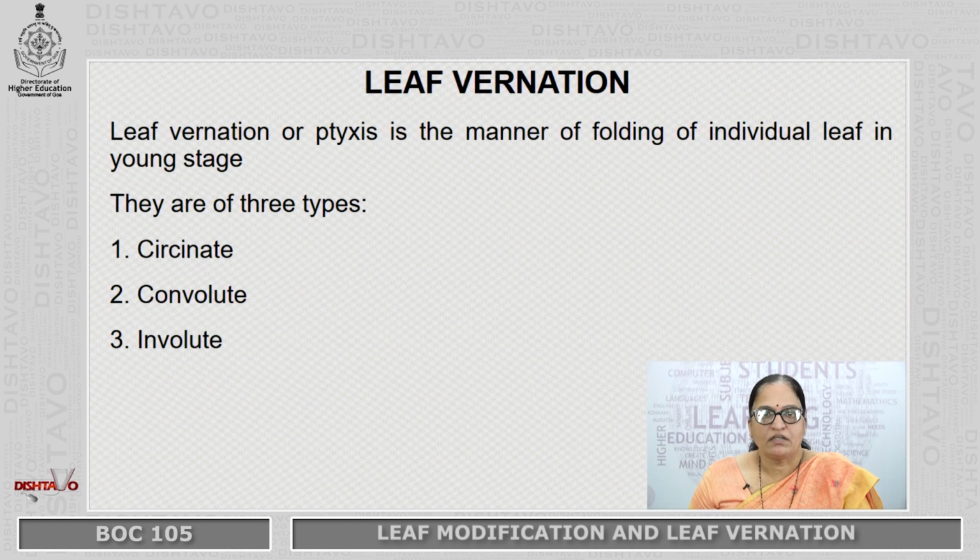Coming to the next topic, that is leaf vernation. Leaf vernation, also called ptyxis, is the manner of folding of an individual leaf in the young stage. They are of three types: the circinate vernation, the convolute vernation, and the involute vernation.